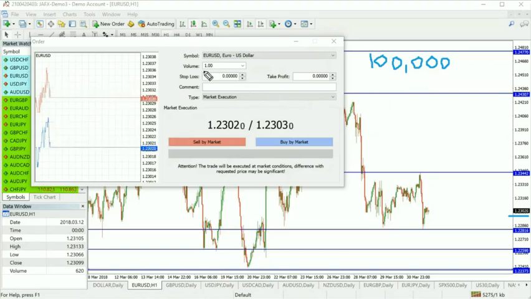So what this means is if we're taking a 1.00 size trade in this market, it means we're trading 100,000 worth of euro dollar at a price of 1.2301 now. So we get 1.2301 USD for each and every 1 euro exchanged.